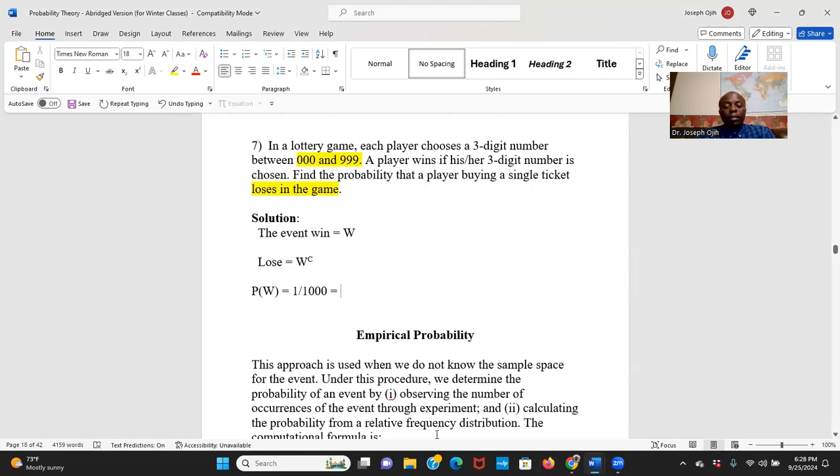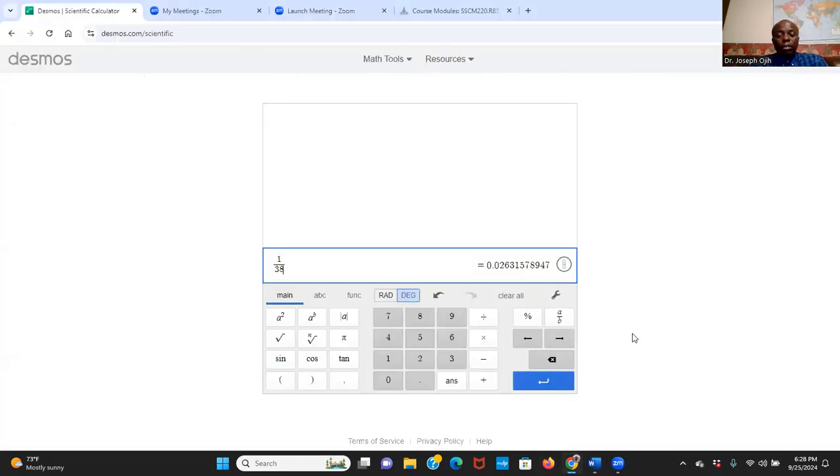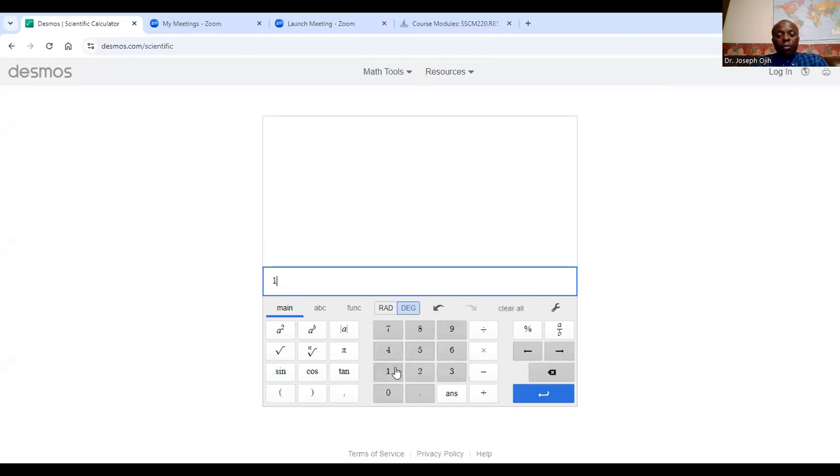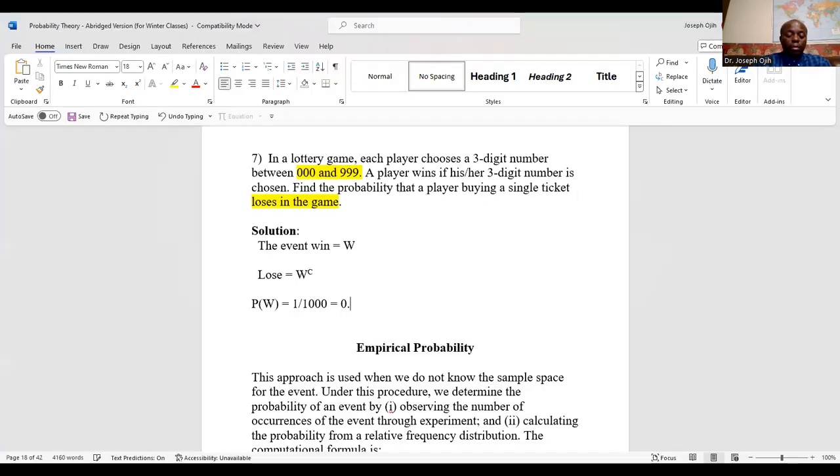We can get that from the calculator: 1 divided by 1,000 is 0.001.